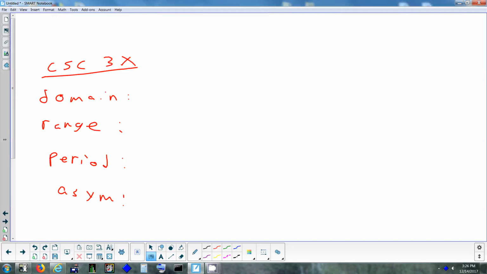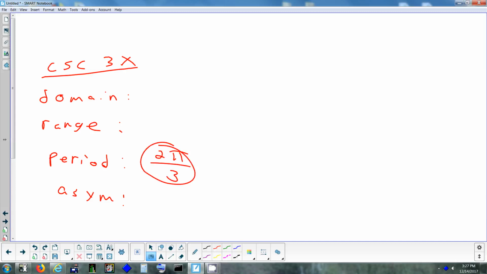I think period would probably be the easiest thing to find. What's the formula for the period here? It's 2 pi over b. B in this case is 3. So period, done.